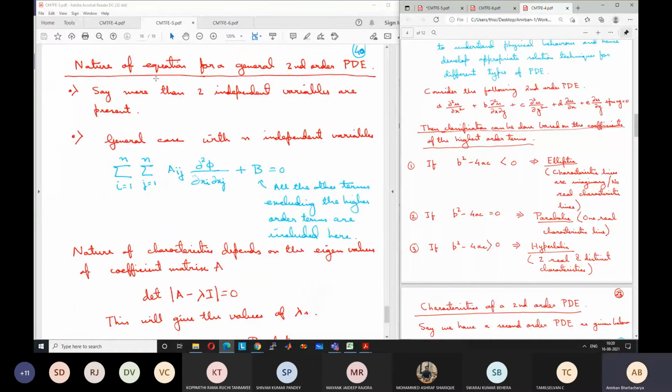Let us move on. So till now we have seen when there are two independent variables in a second order PDE, how we can calculate the nature of the PDE.